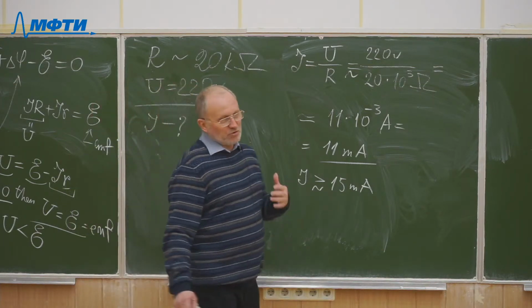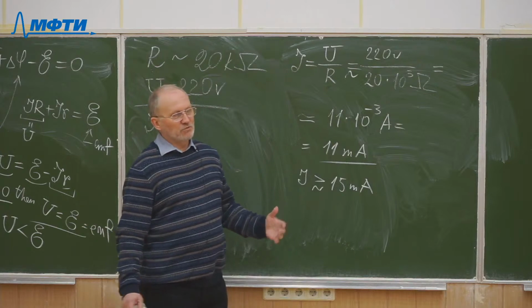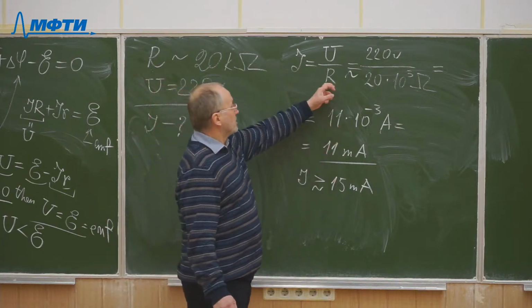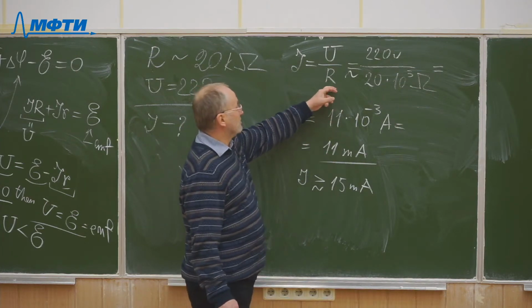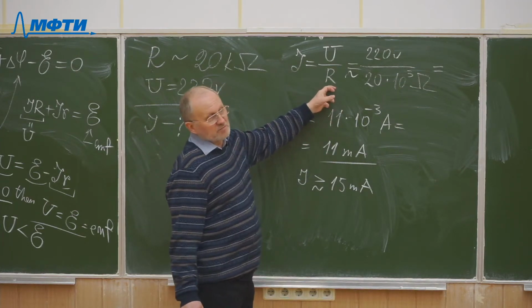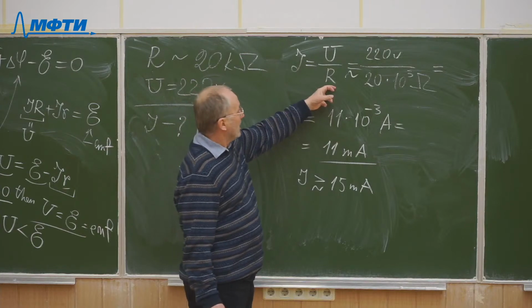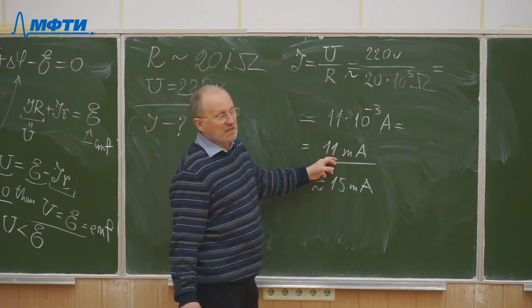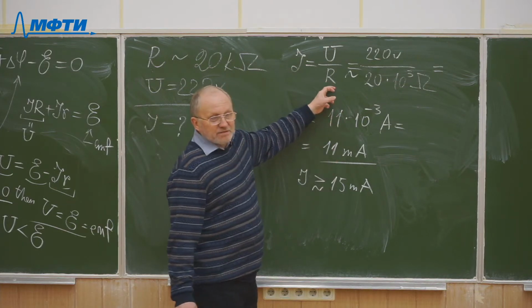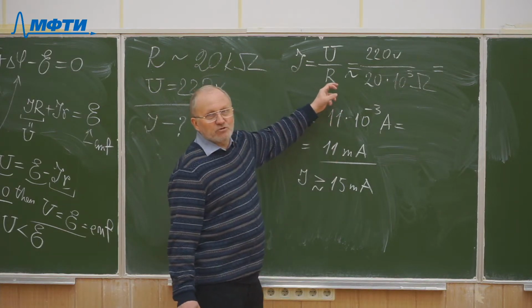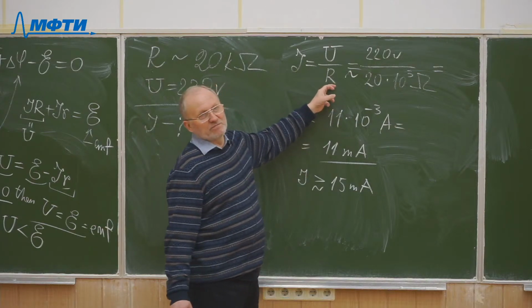And you cannot predict what weather conditions will be tomorrow or even in a few hours, and you don't pay attention to weather conditions every moment of your life. So the resistance of the human body may turn out to be smaller, and then the current will be larger.